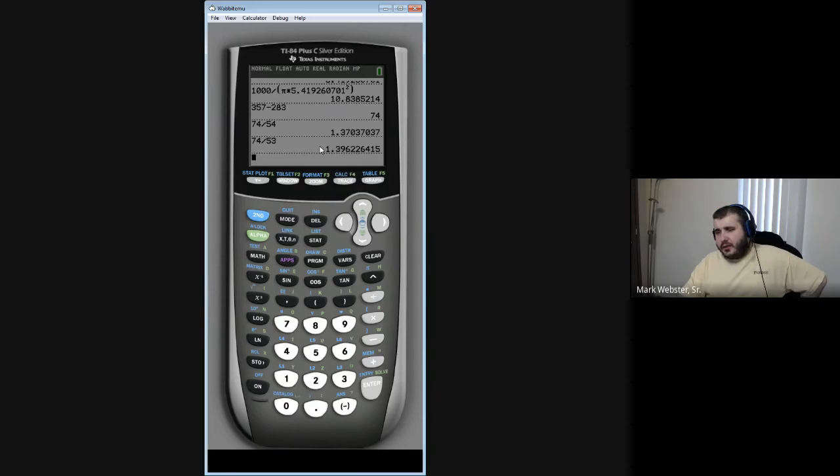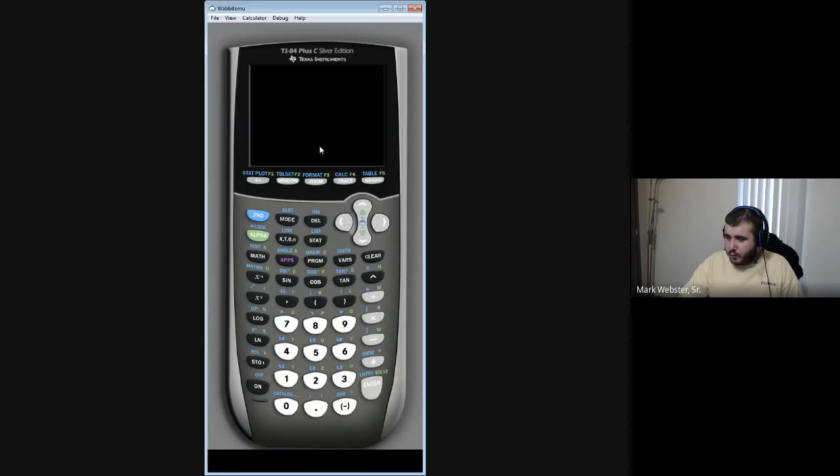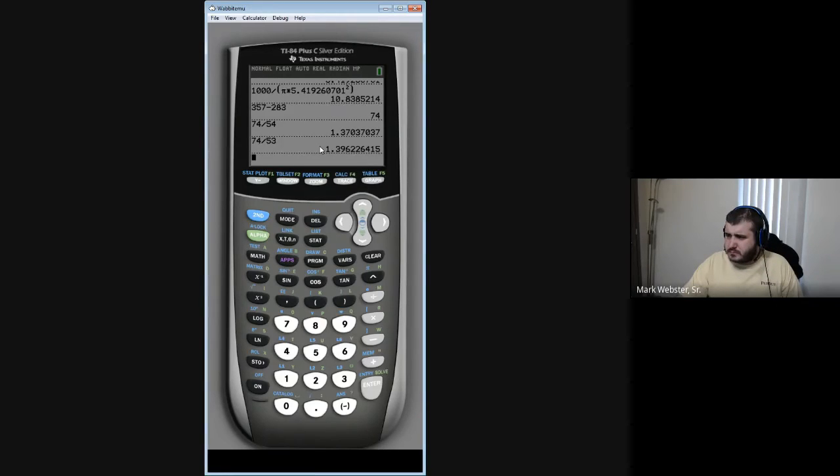The only other program that I could recommend is Desmos. Desmos, the graphing calculator, is a really, really good one. If you have an iPhone, you can use Desmos. If you need a scientific calculator, Desmos has an okay scientific calculator, but Desmos is much better for the graphing calculator stuff.